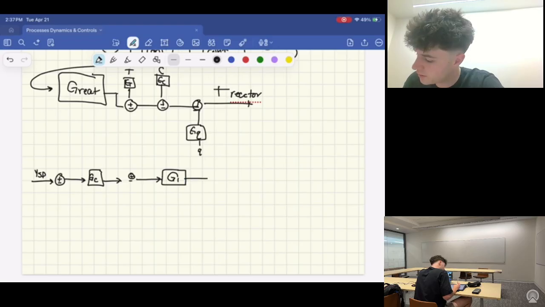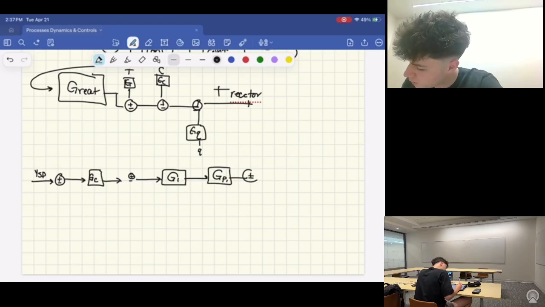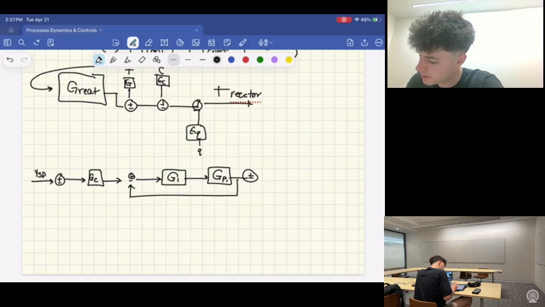From here, we will go into GP1, and then into another controller. And now this is the first recycle. So this is going to go out and back up to this controller.